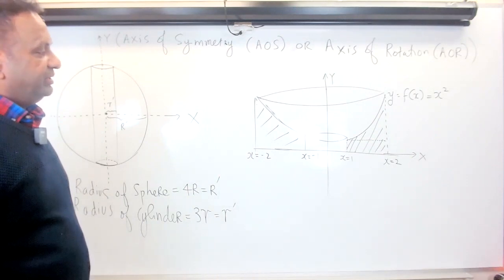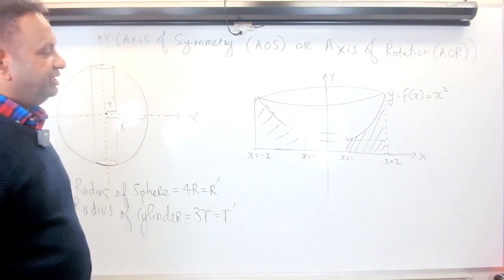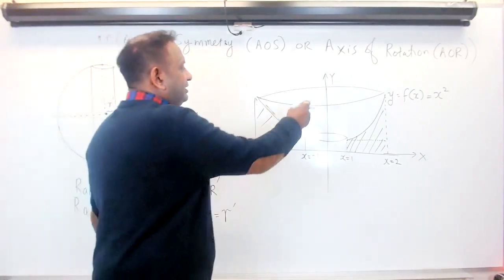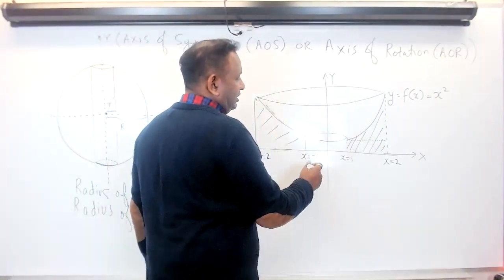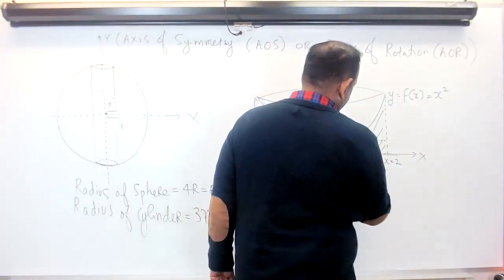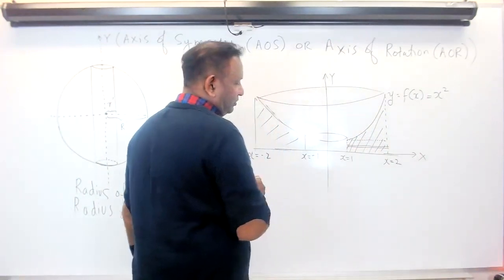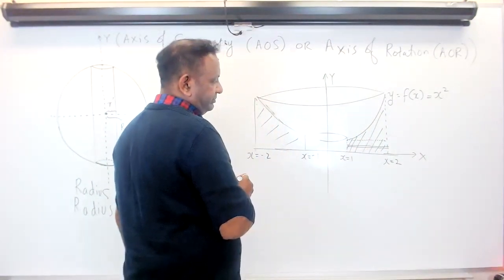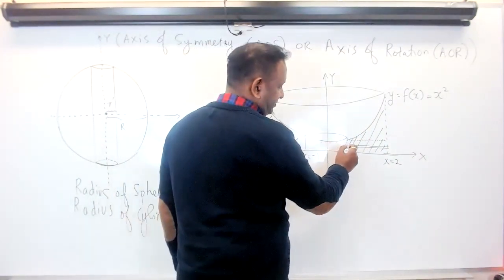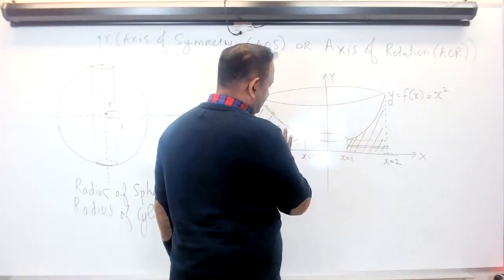If you use the shell method, you pick a shell at a certain point. In the shell method, if this is the axis of rotation, you pick a small strip on this area. Don't worry about this one.